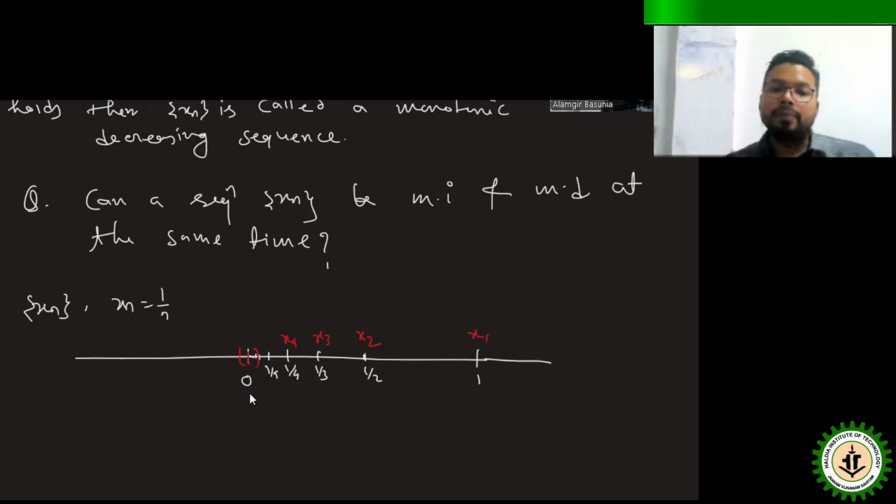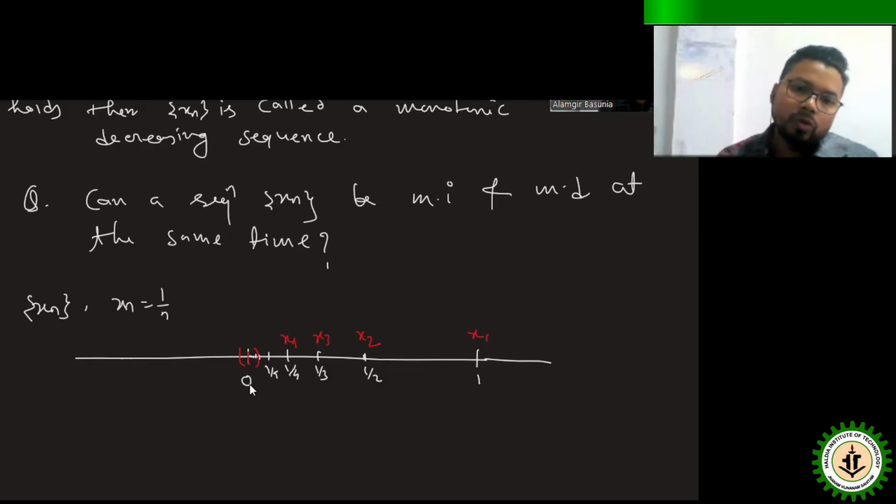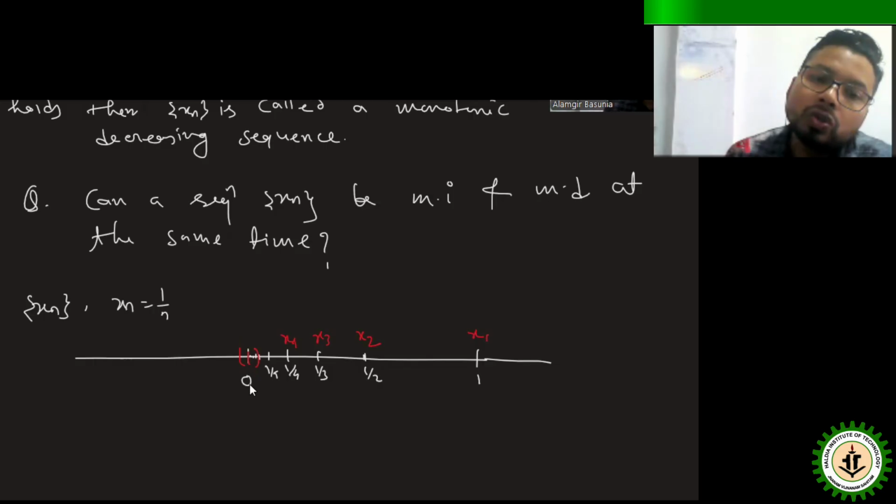So if it happens that after some finite number of terms, all the remaining terms belong to a particular neighborhood, and if that happens in every case, then we say that the sequence converges to that particular number.